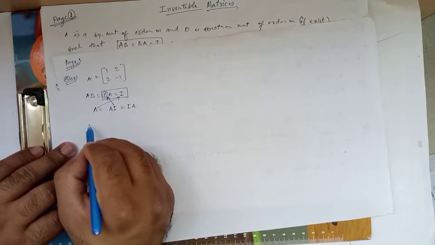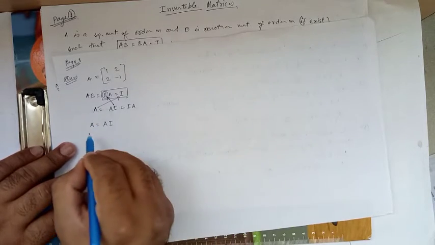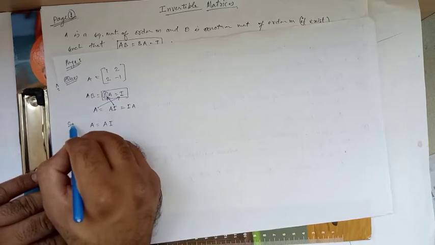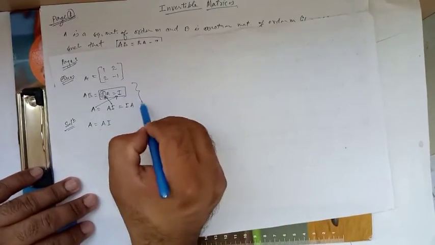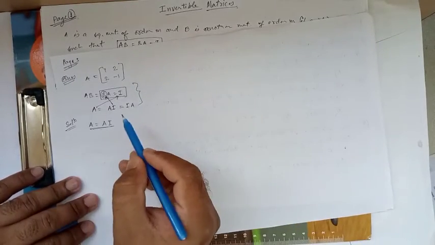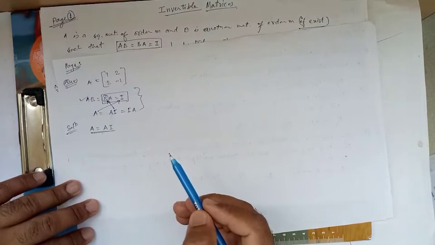We will use the result A equal to AI. Here I explained why we are using this one.